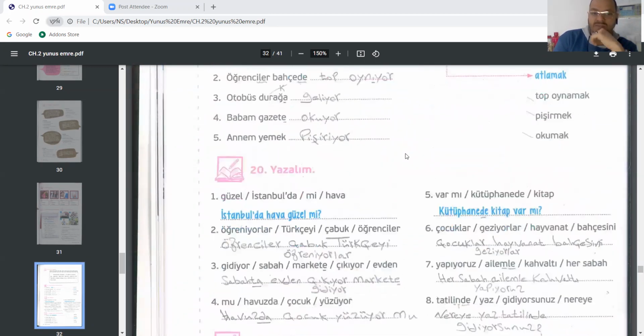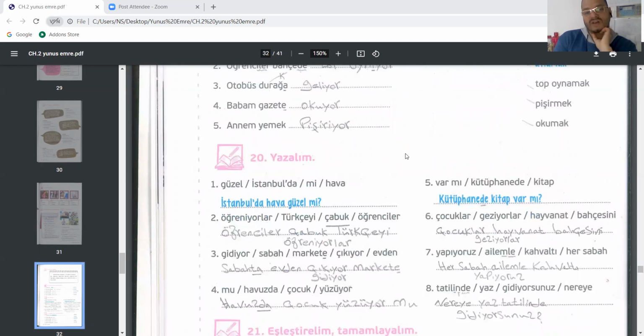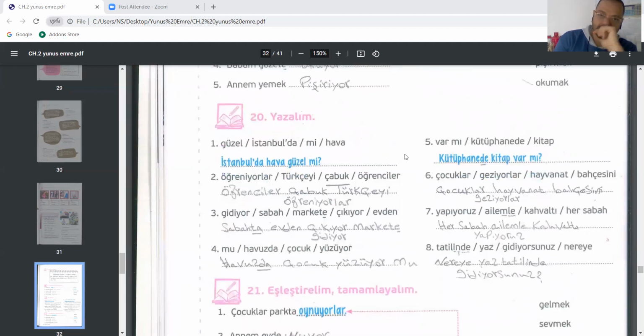Yazalım. İstanbul'da hava güzel mi? As the weather is nice at Istanbul. Öğrenciler çabuk Türkçeyi öğreniyorlar. The students learn the Turkish language faster.